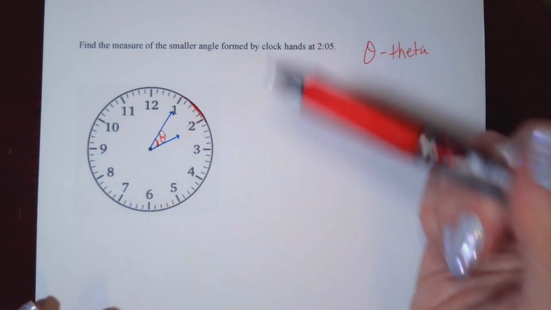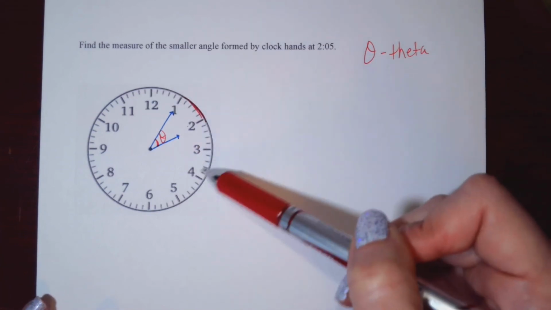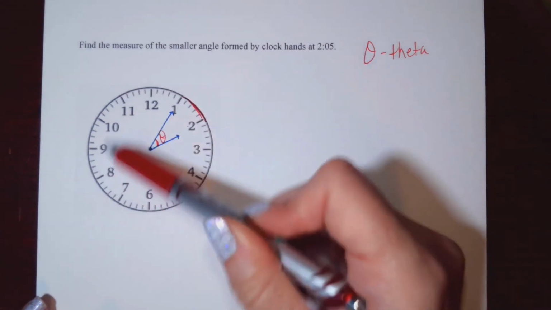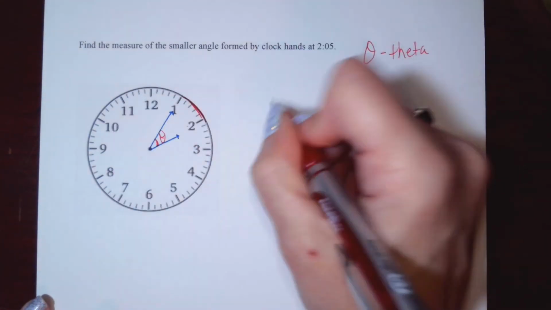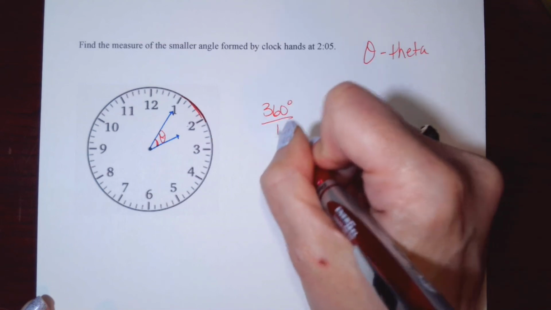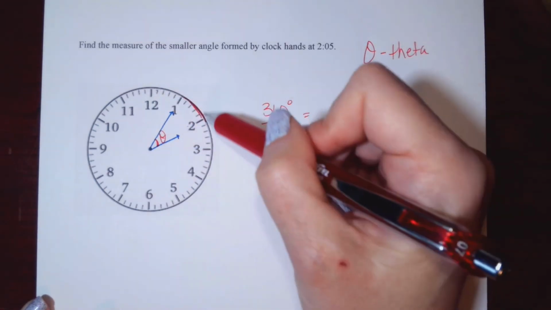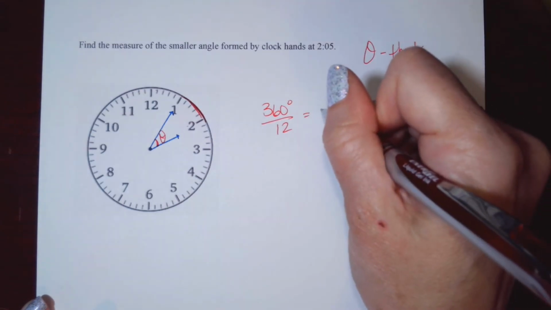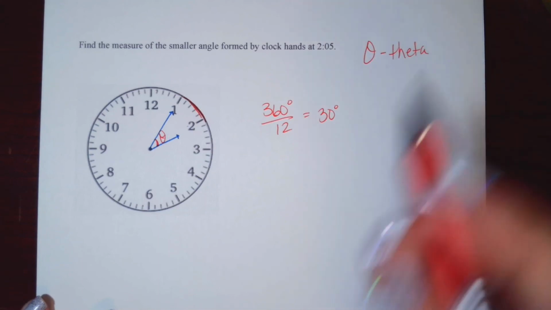Well, let's reason through this a little bit. My clock is divided up into equal increments all the way around, 12 equal increments all the way around. So if I take a full rotation, that 360 degrees is divided into 12 equal increments from one number to the next. That gives me 30 degrees per time increment.